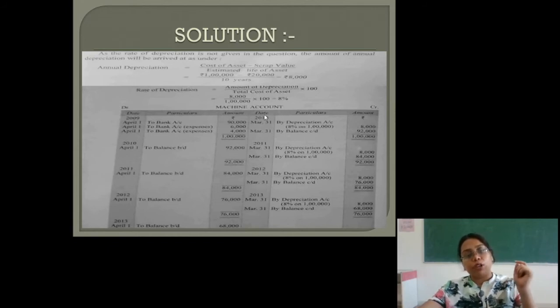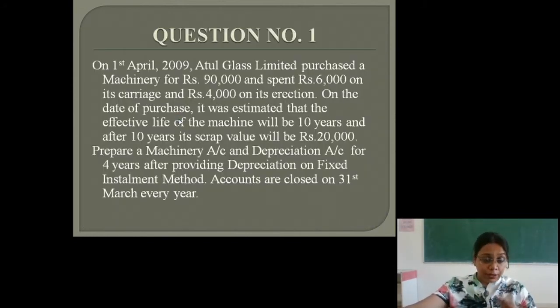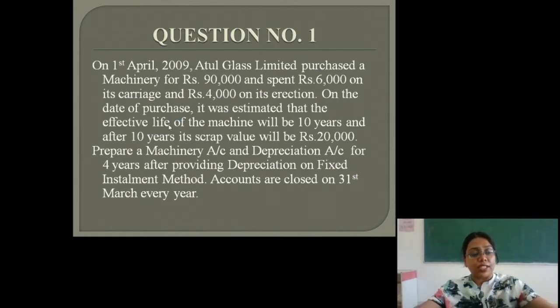In credit side, we'll also make date column, particular column and amount column. We have to start the question with 1st April 2009, when the machine is being purchased.